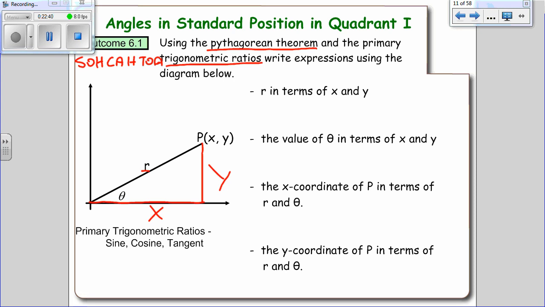Pythagorean theorem is just R squared equals x squared plus y squared. Right? If we look at that, that would make sense. If you wanted to actually get R in terms of x and y, that means you need to get R by itself. So I would need to do what to both sides? Square root it. So your formula is going to be R equals the square root of x squared plus y squared.